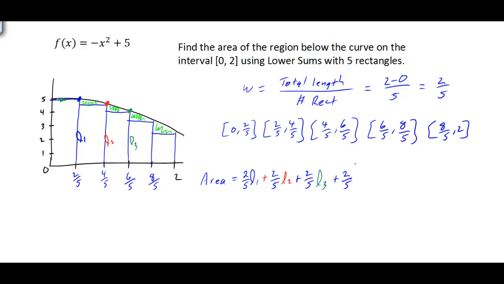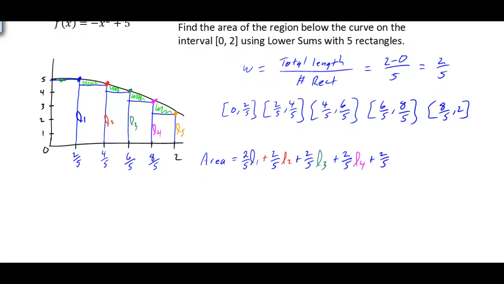Plus 2/5 times L4. And notice here again, this point touches the graph, so we use the right. So that's 2/5 times L4 plus 2/5 times L5. So if you notice, we're using the right side of our rectangles to calculate the length.